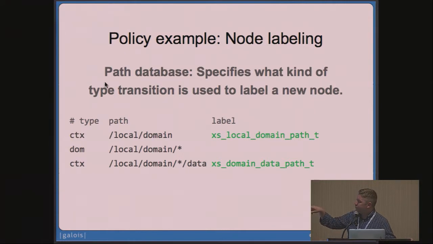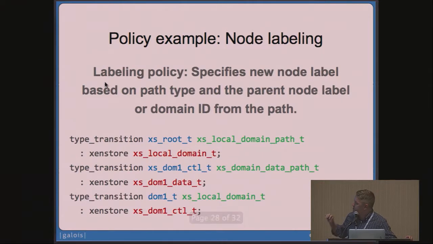So if this is /local/domain/1/data, local domain 1 is going to have some type. And it turns out that that type is in line 2 here in blue, xenstore dom1 control T. So now we've matched that path, and the label of the path is domain data path T. Then the computed label in red on the second line is xenstore dom1 data T. So here we've used that wildcarding to inform the policy about how to compute the label for that node.